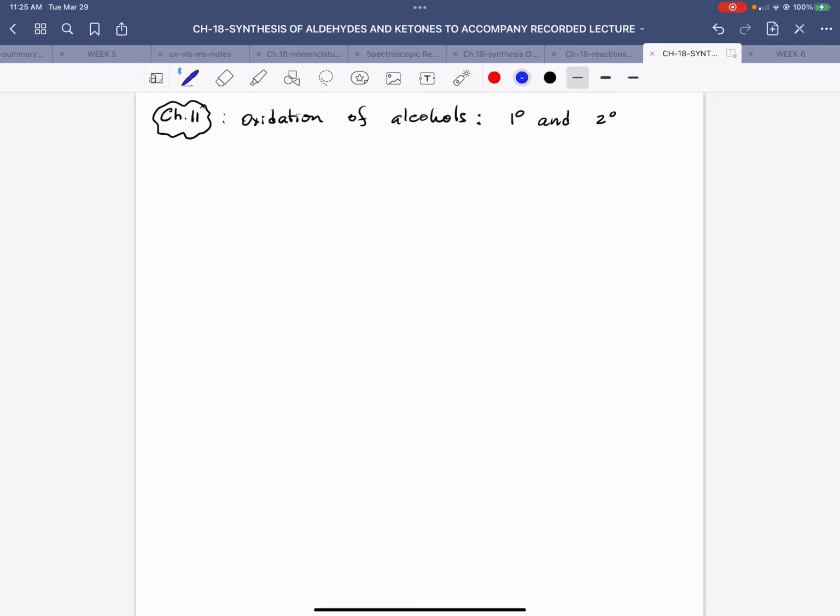So we're going to start with the synthesis of ketones. Your ketones cannot carry carbonyl on the terminal position, so the oxidation will happen from the secondary alcohols.